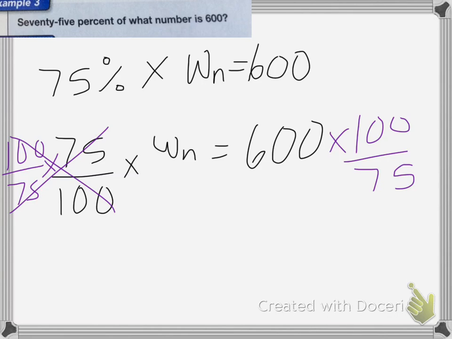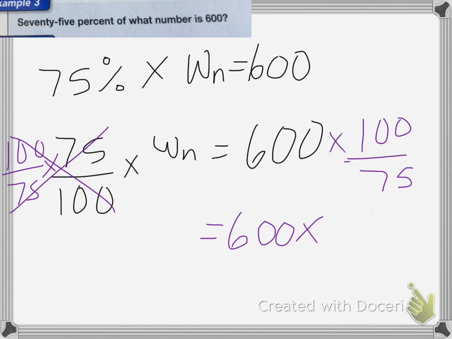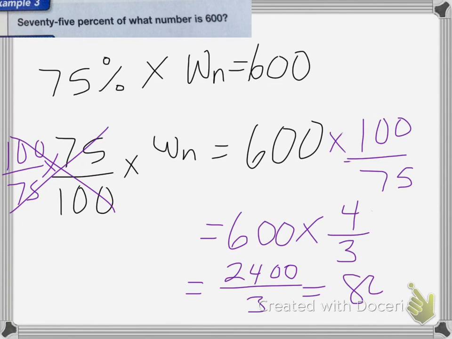So I'm going to simplify that, I end up with 600 times 4/3. I multiply, I end up with 2400 over 3, which is divided by 3, which is equal to 800. So my answer is 800, and we keep that because it's asking for what number.